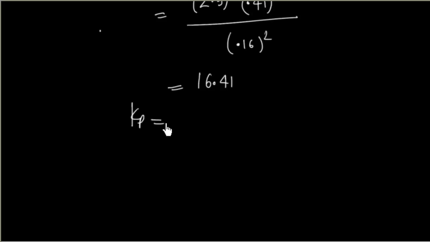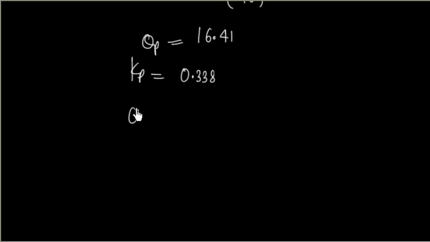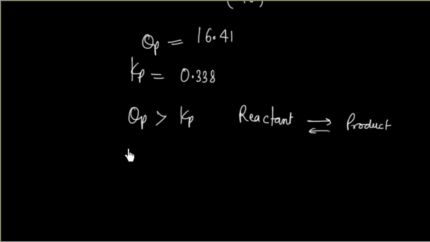Now the Kp value is also given in the problem, so Kp is 0.338, and this is Qp. You see Qp is this time greater than Kp. So we have to decrease Qp. We have reactant to product, and finally Qp has to equal Kp, and this is possible only if I decrease Qp.